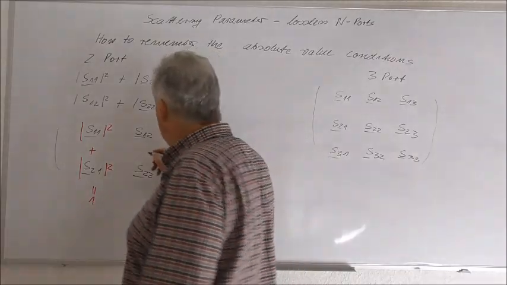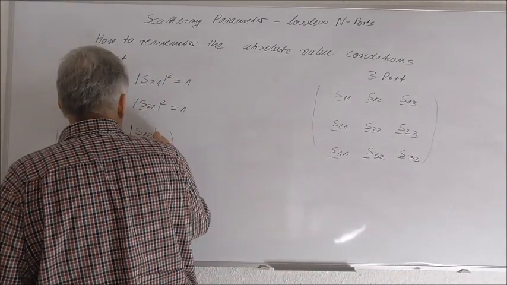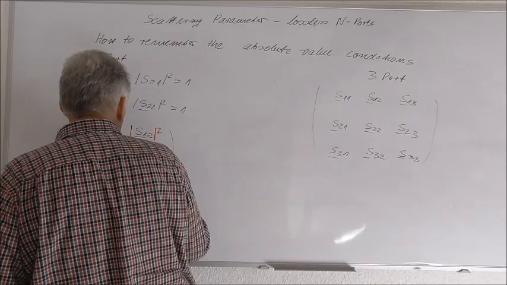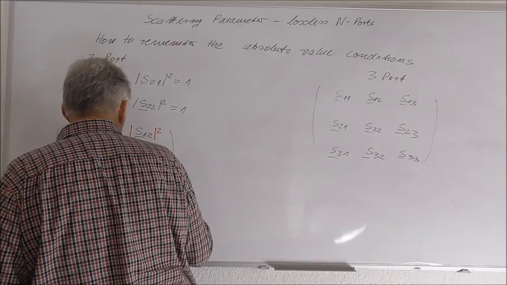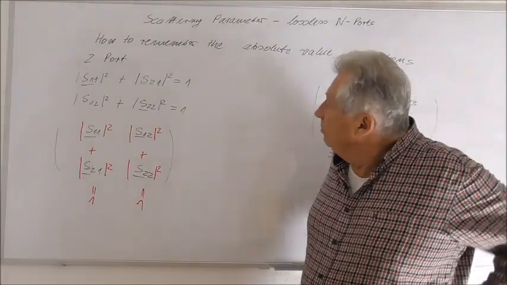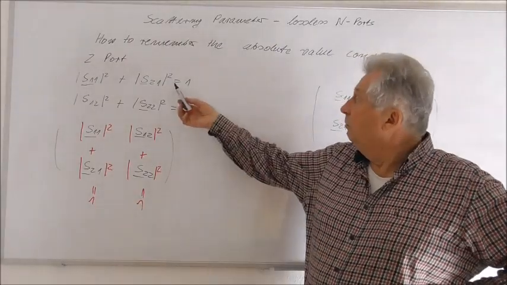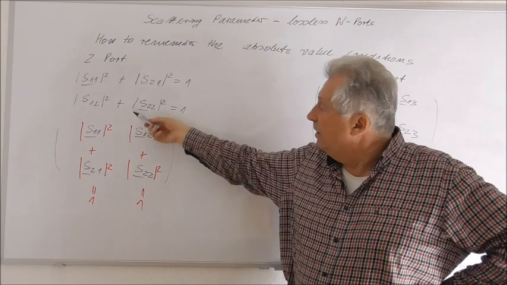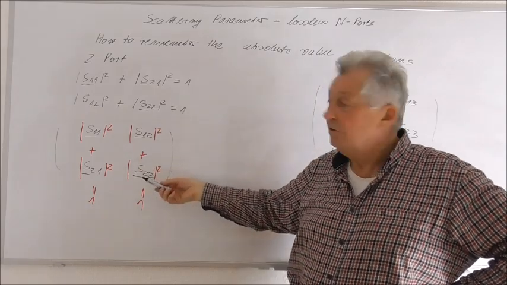And the same is true here: we have |S12| squared plus |S22| squared is 1. So this is just the result we got, and now it's quite easy to remember.